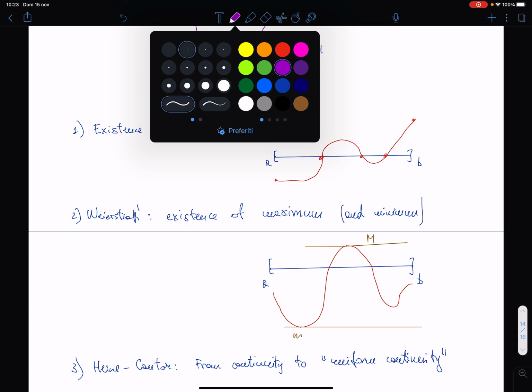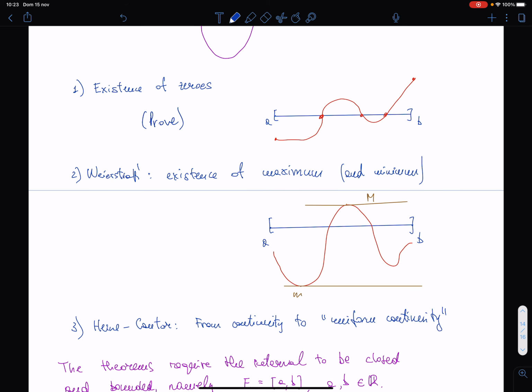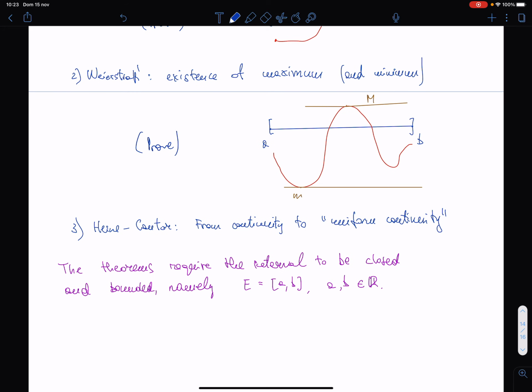We will prove it. And I will ask you to know the proof. Weierstrass theorem again, we prove today. Heine-Cantor, it is useful only in one specific occasion in this course, which is the proof of the fact that continuous functions on a closed interval, closed and finite interval, are integrable.